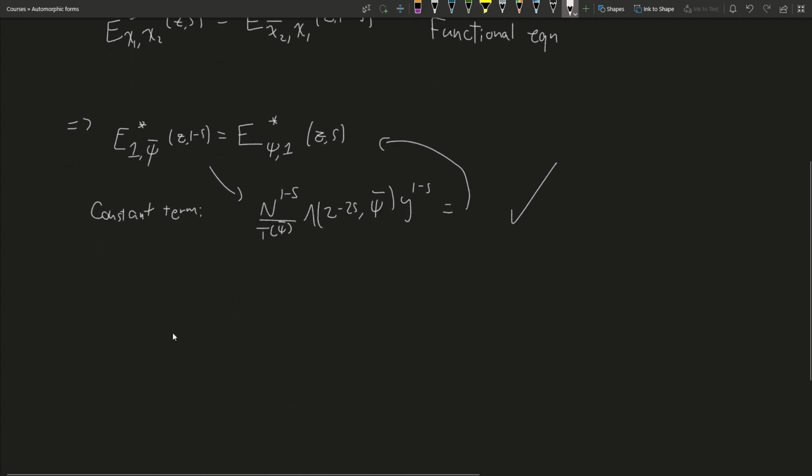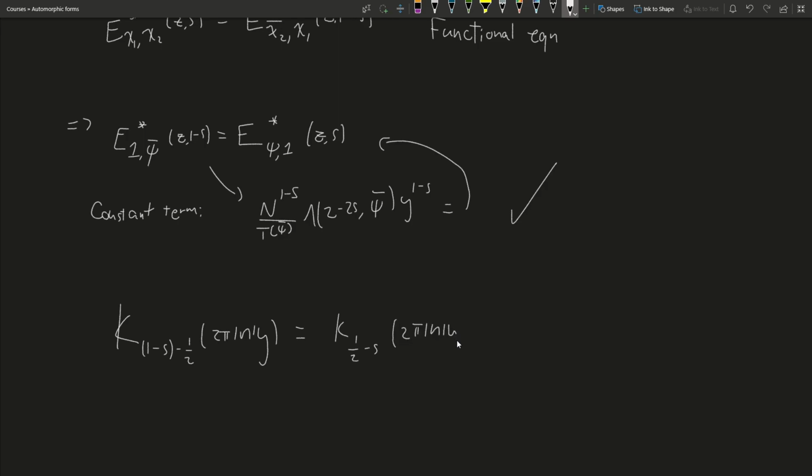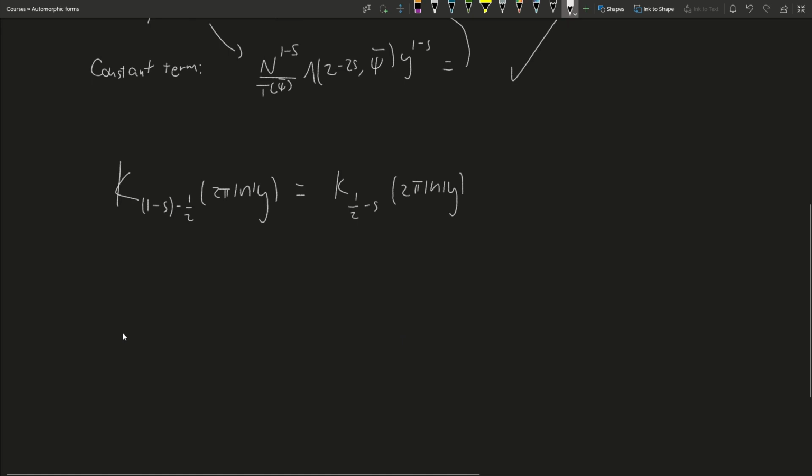The K-Bessel function, K of 1 minus s minus 1/2 at 2 pi n y, is equal to the K-Bessel function at 1/2 minus s of 2 pi n y. And it turns out that you can always put a minus sign in this argument and get the same thing in your K-Bessel function. So let's see that now.